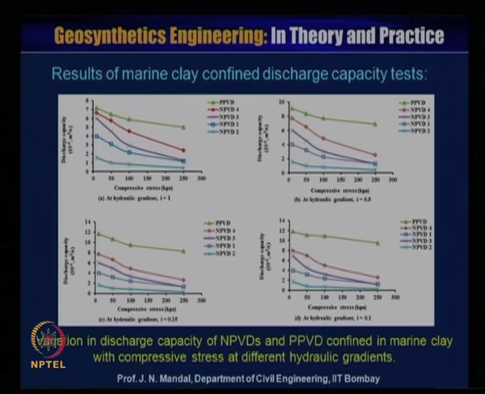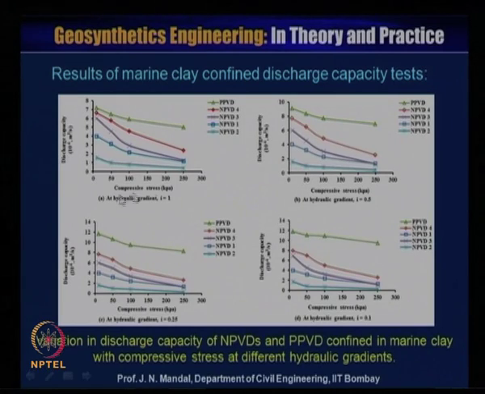Here also is the result for the marine clay confined discharge capacity test. So, this is the variation in the discharge capacity of natural prefabricated drain and the polyester prefabricated drain confined in a marine clay with compressive stress at different hydraulic gradients.